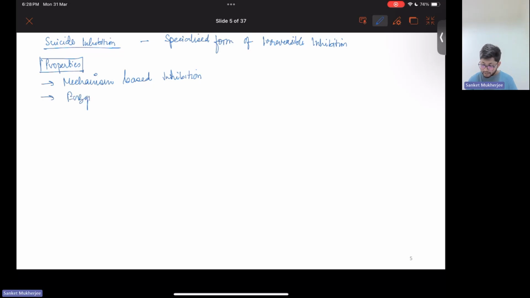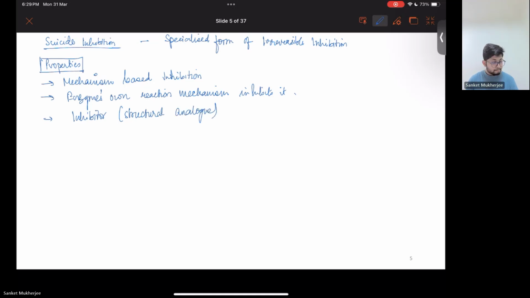The enzyme's own reaction mechanism inhibits it. So the inhibitor, that is a structural analog usually, is converted to a more effective inhibitor due to the action of the enzyme.